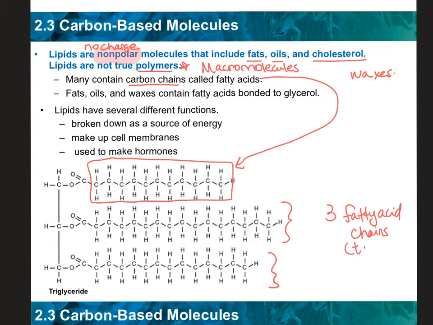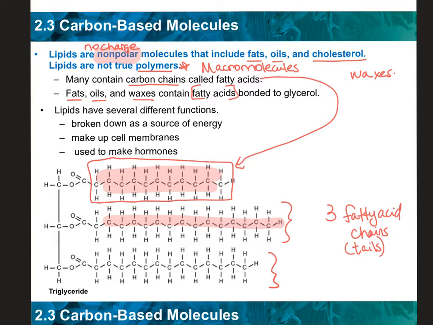And some people call them tails. So fats and oils and waxes have these fatty acids that we just looked at here. They have fatty acids, but these fatty acids are always linked to something we call a glycerol, which is over here.